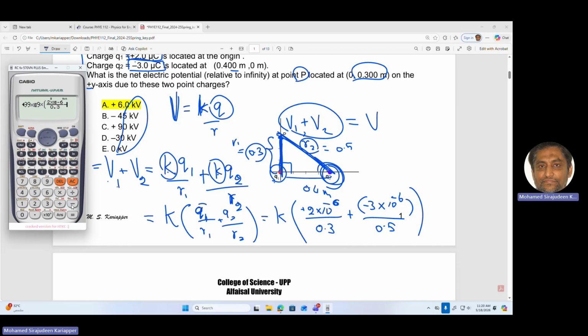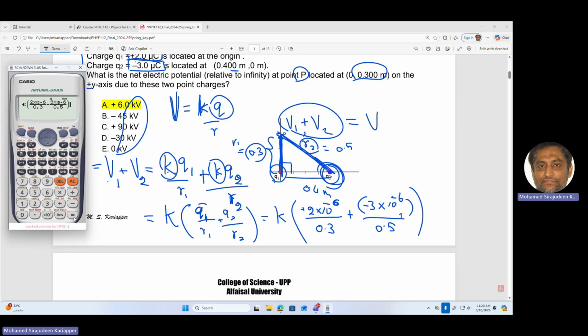Sometimes you can do these things. You don't have to put the bracket, it is the same thing. Then the fraction again. Now you don't put this minus again, so be careful. 3 exponential minus 6, bring it down, 0.5. Close the bracket, oops, that's wrong, I had to bring it up. Close the bracket, right, that's it.